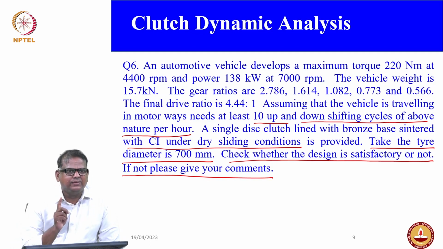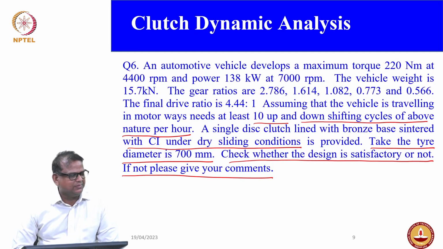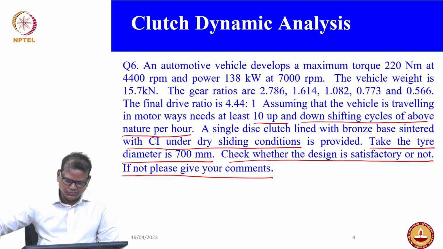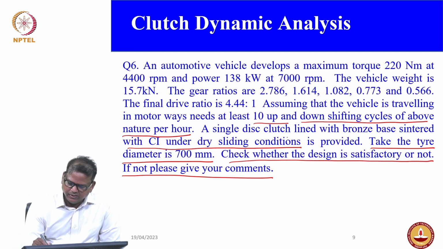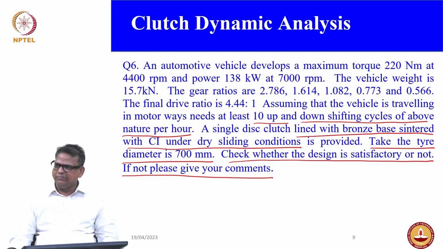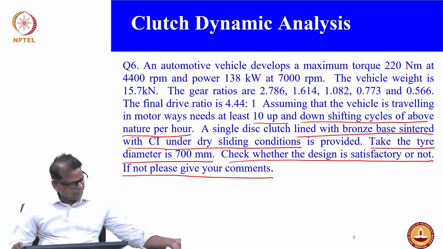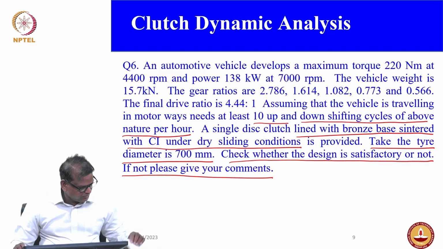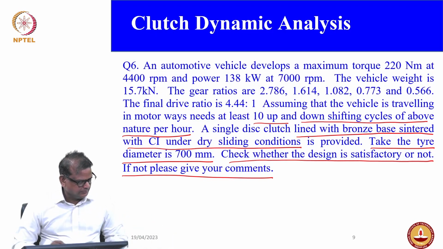One design input is given. What is that? The friction lining material, right? That is given. Bronze-based sintered cast iron. That is the only information given. Other than that, nothing. So how are we going to do this? That's the question.